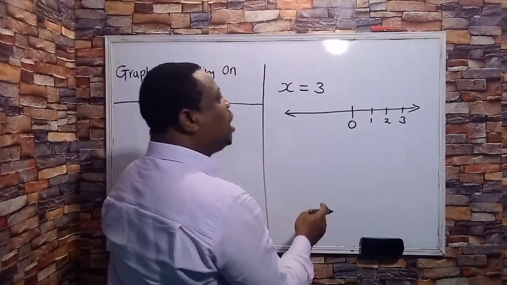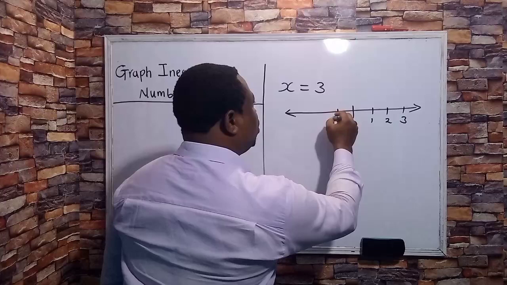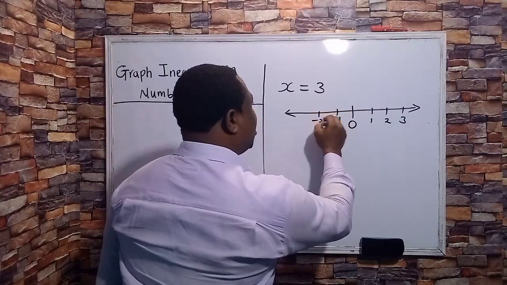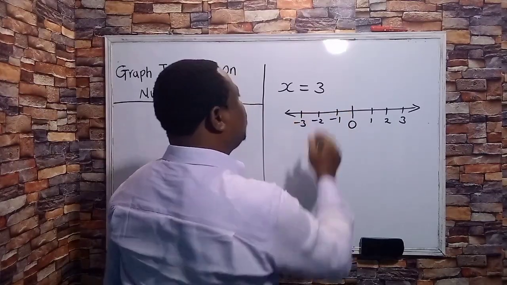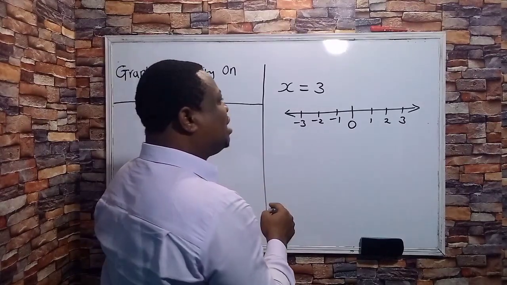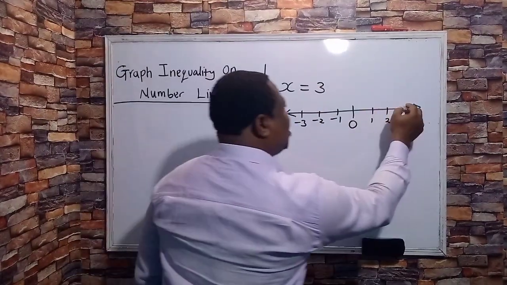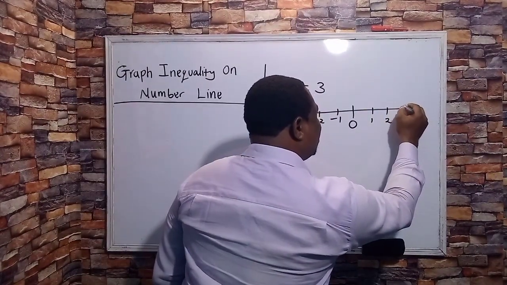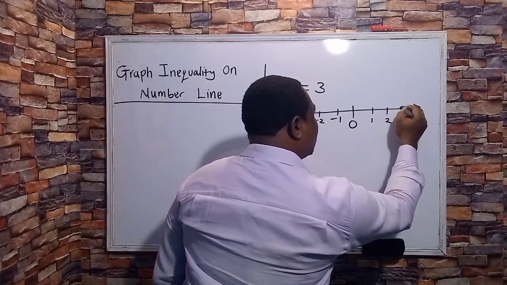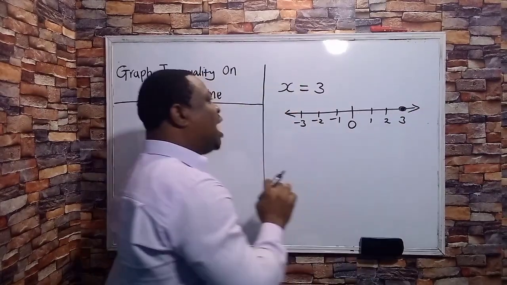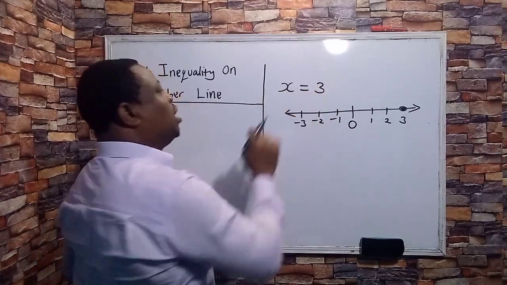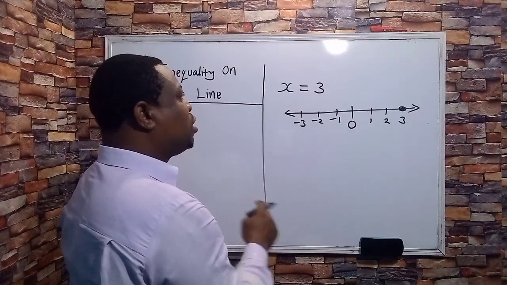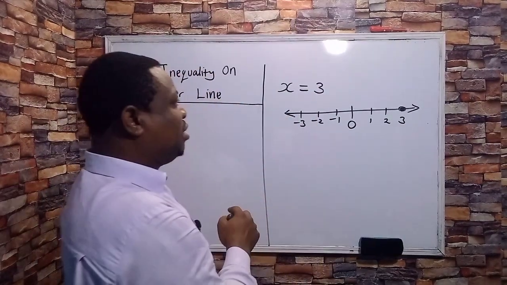Your negative is to the left of 0. This is negative 1, negative 2, negative 3. And if x is exactly 3, it means that x is at this point. That is what x equal to 3 is on a number line.